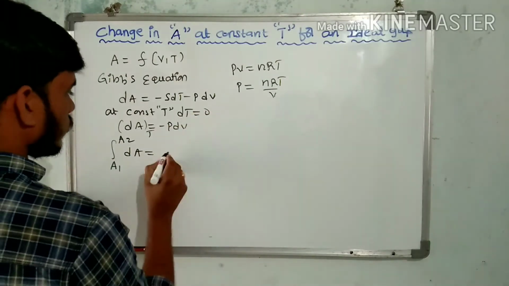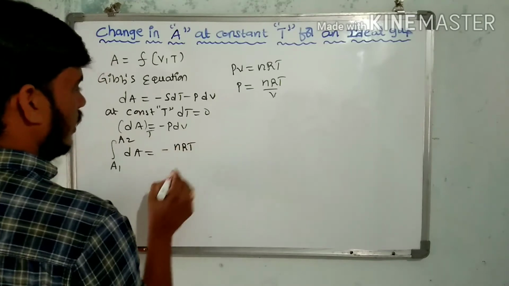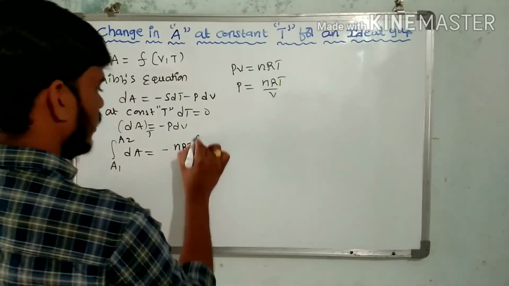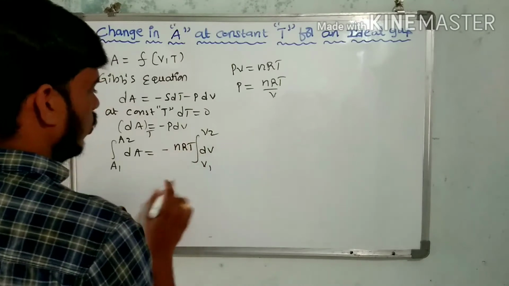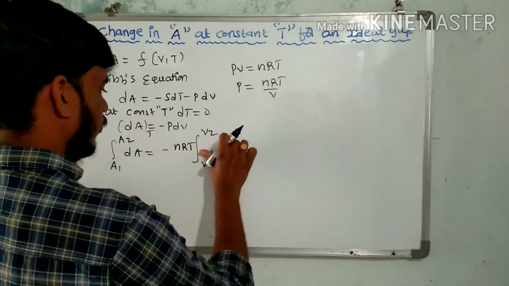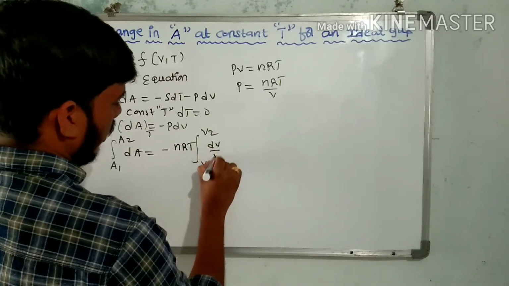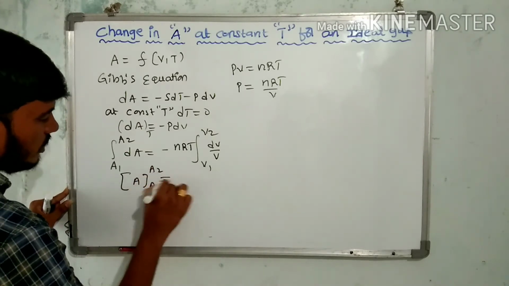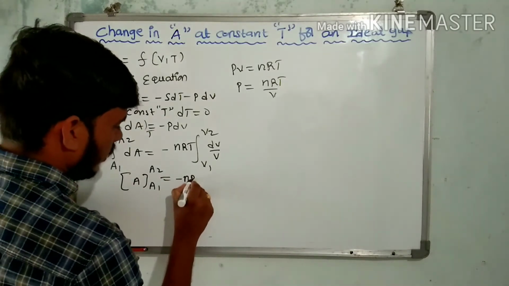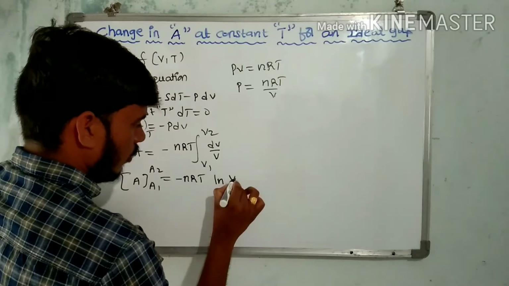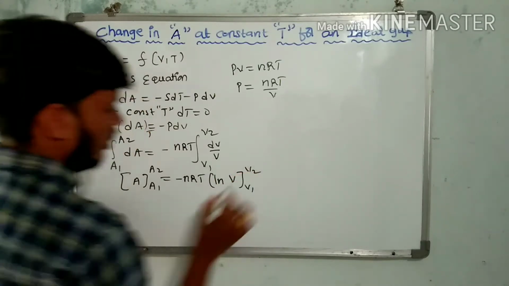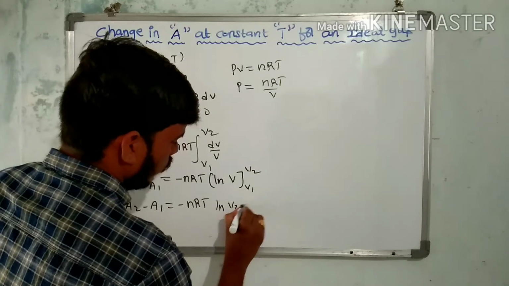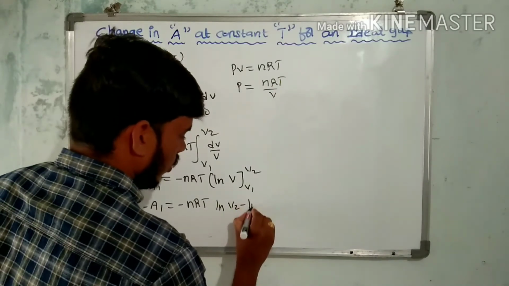we get minus nRT by V into dV. Integrating from volume V1 to V2, we have dV by V. So A2 minus A1 is equal to minus nRT ln V2 minus ln V1.